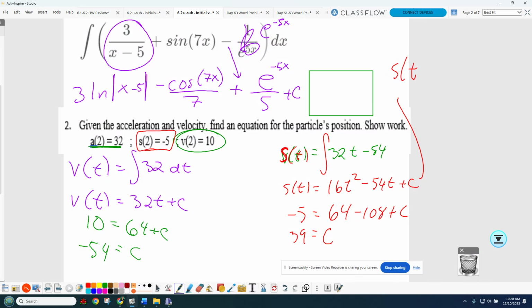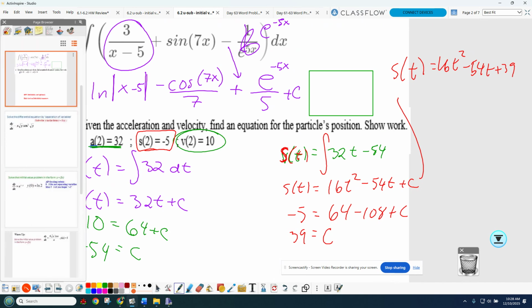So the equation in the end: 16t squared minus 54t plus 39. Okay, questions? Were there questions on any of the homework?